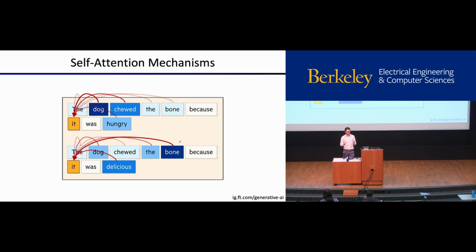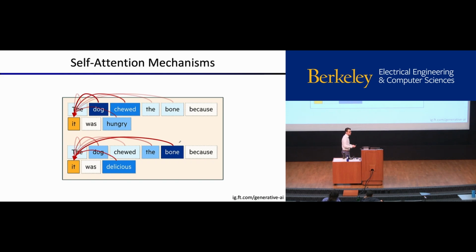So this is what attention mechanisms are doing for us. They're saying, in certain contexts, words behave certain ways, and we should try to identify those contexts. So we should be on the lookout for contexts that tell me it is playing the role of dog, and contexts that tell me that it is playing the role of bone. And I should treat those contexts differently when I'm trying to predict the next word.